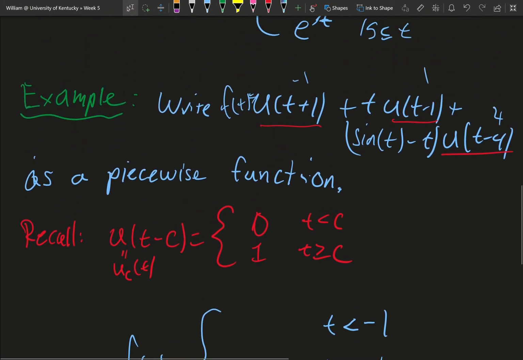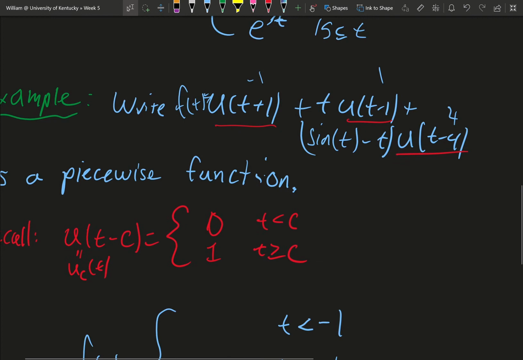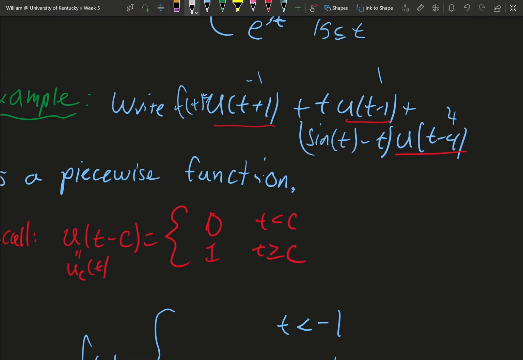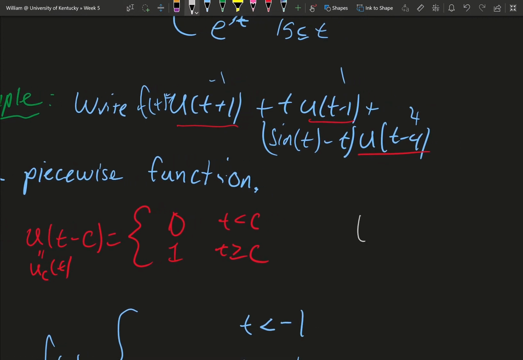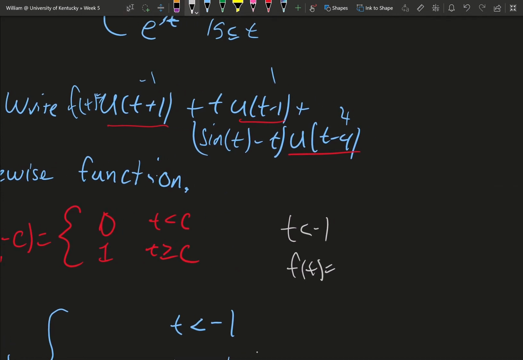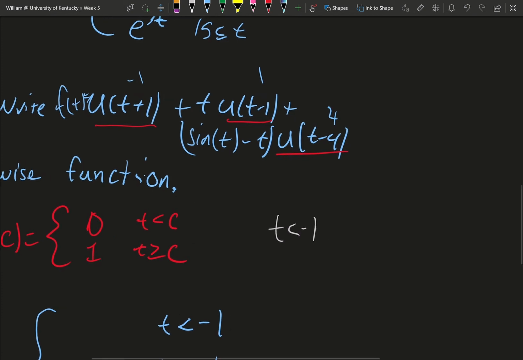To see what happens in the different scenarios, let's just go through. Let's assume t is less than or equal to -1. I'll rewrite the whole thing just to make it really clear where these things are coming from.